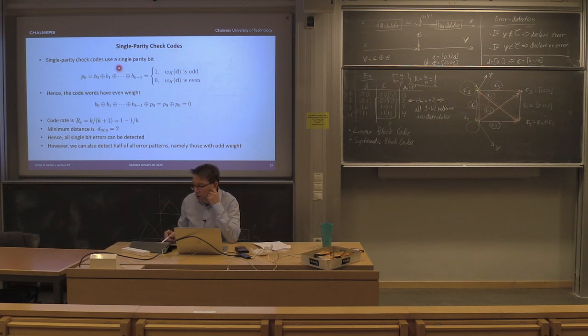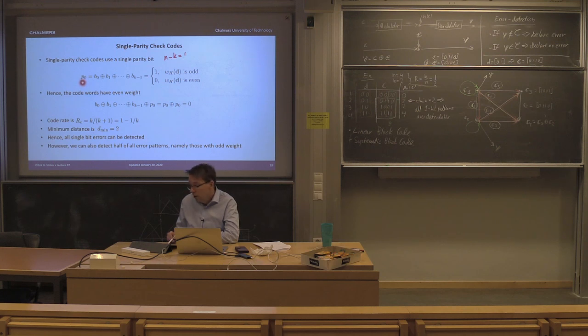And the single parity check code has a single parity bit, which means that n minus k is equal to 1. It works like this. If we have k input bits, we just add them together, modulo 2, and that is our parity bit.